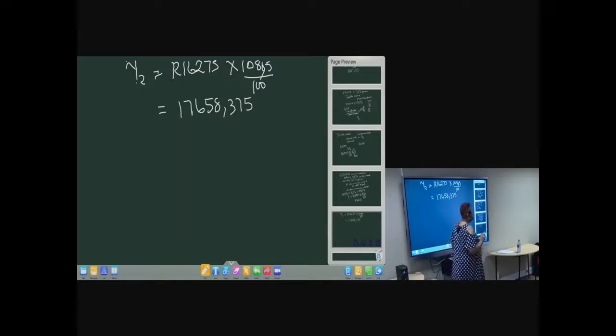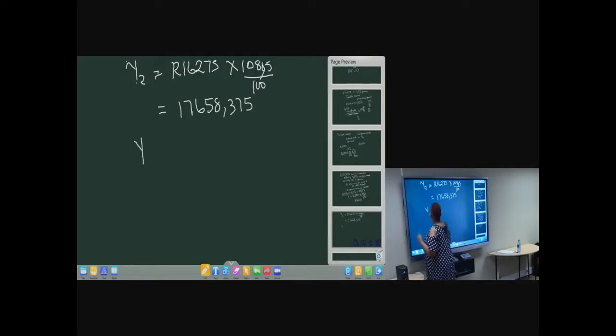Then, one other important thing is if you need to carry on with your answer, you do not round within steps. You will only round on your last or final step. You just write your numbers as they are, as long as you have not finished your answer.